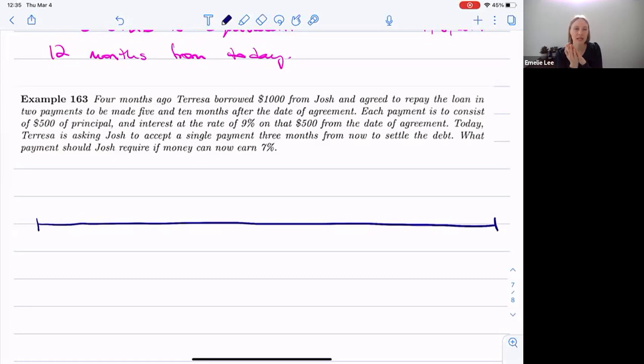And now she's asking Josh to accept a single payment 3 months from now. So that's a fifth date, right? And here's where I think if you started out with the 4 and started figuring it out and then had to add the fifth date, no harm.